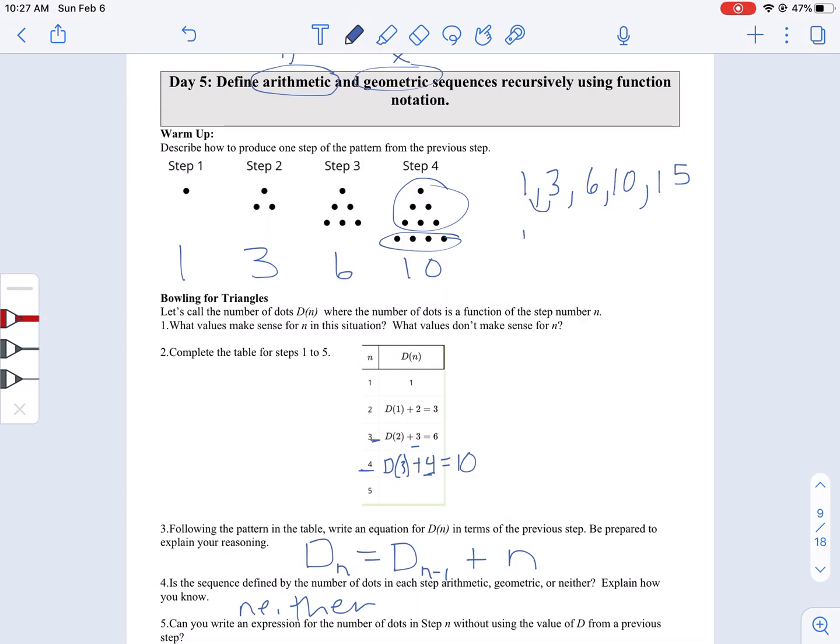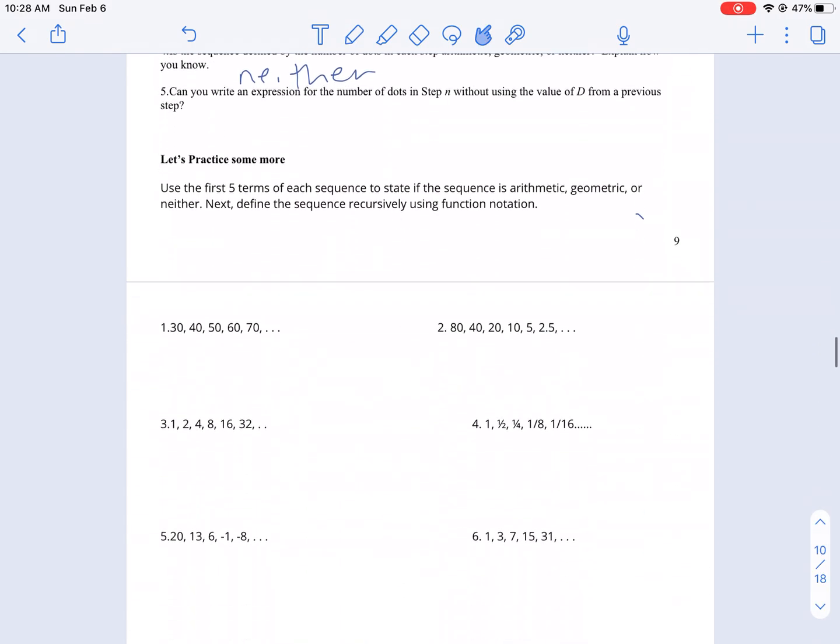So we're going up by 2, we're going up by 3, we're going up by 4, we're going up by 5. Is there a way that you can write it without referencing the previous step? You could say we're increasing by 1 more. So that's a good one to ponder. See if you can come up with an expression there.